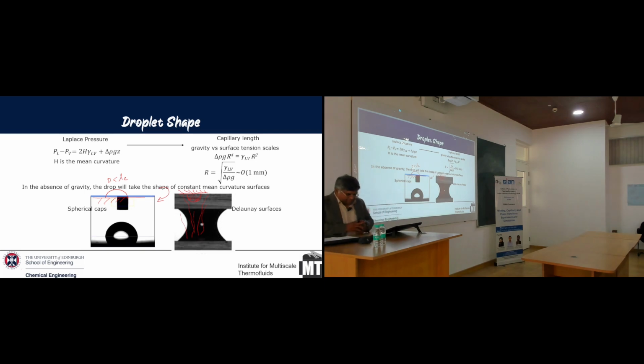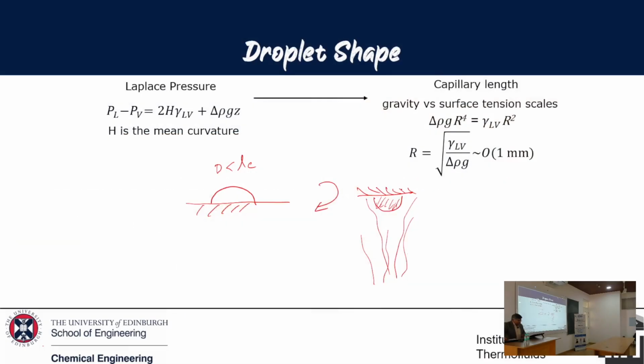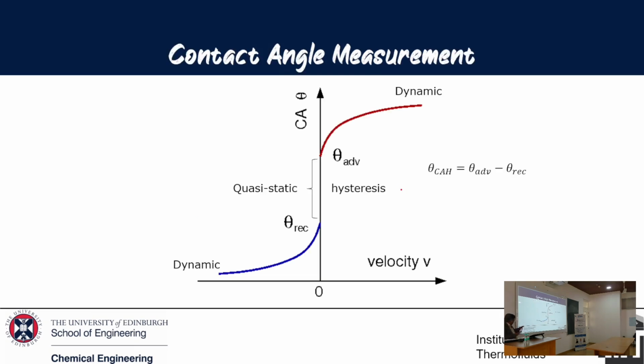So very quickly, what we have done so far is the absolute fundamentals of capillarity and wetting, and understanding the forces that take part in the so-called contact line physics to develop the shape of the droplet.